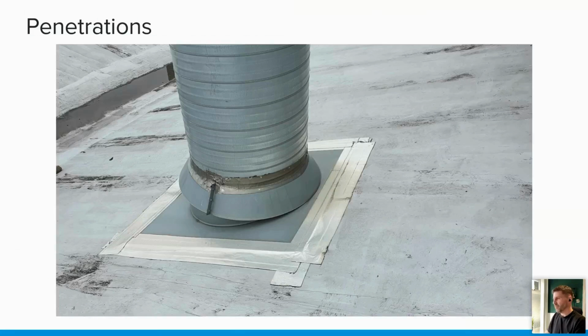So a couple of examples of bad practice here. We've got a sloping roof. This flue penetration here has obviously been put through at a later stage. It's a retrofitted flue detail.